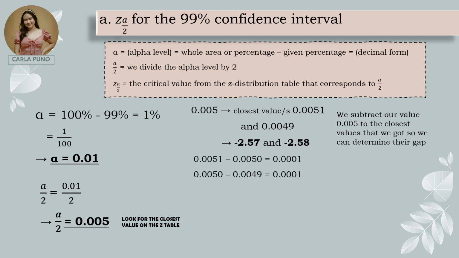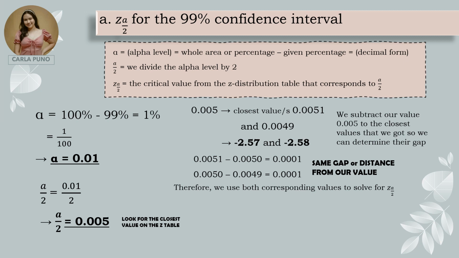We have 0.0051 minus 0.0050 equals 0.0001. And next, 0.0050 minus 0.0049 equals 0.0001. As we can see, they are the same in gap, or the distance from our value.